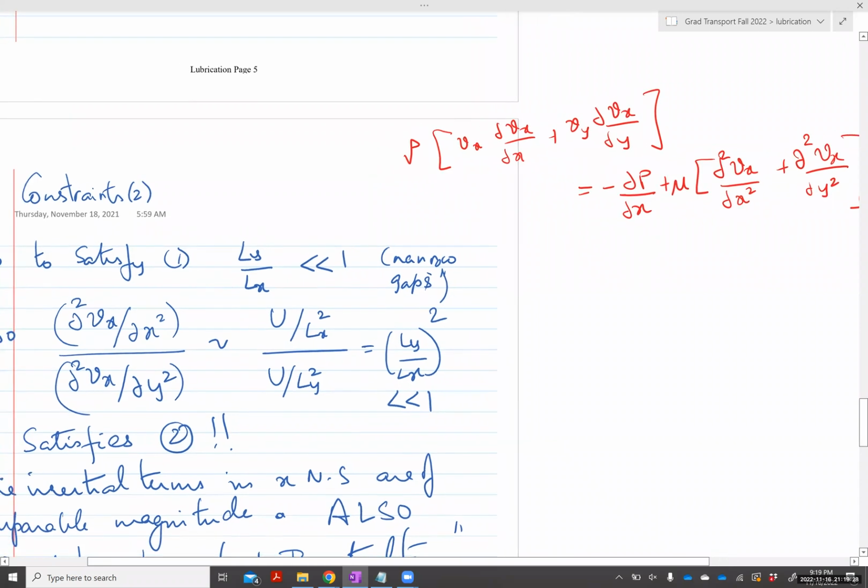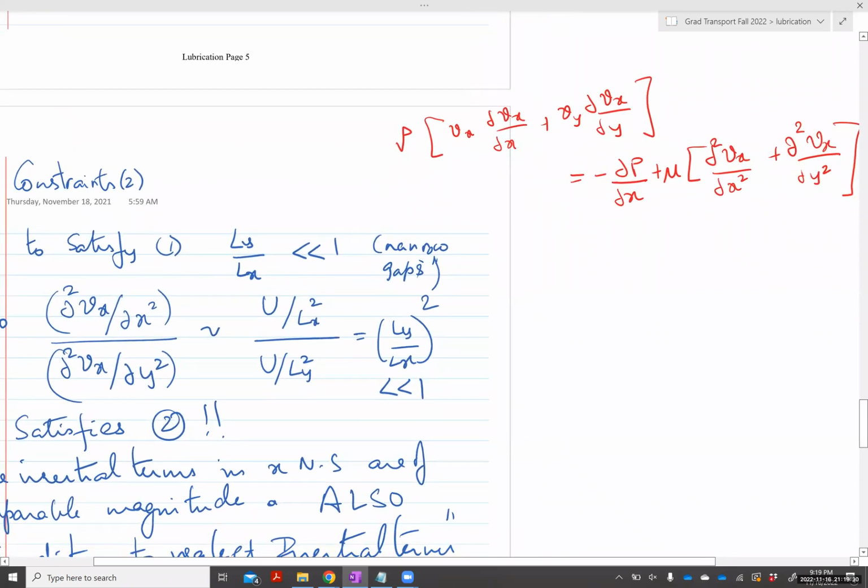So let's do an order of magnitude estimate again. Vx is u. Dou Vx over dou x is nothing but u over Lx. Vy is v.